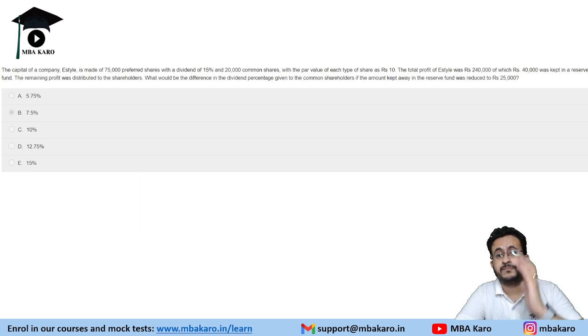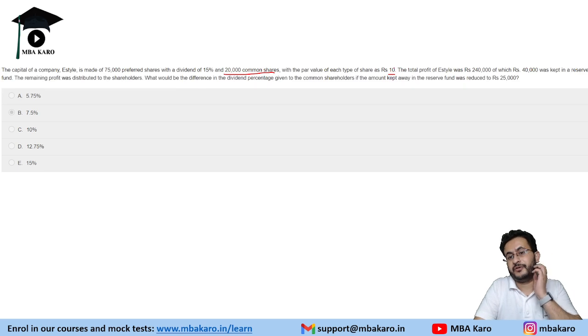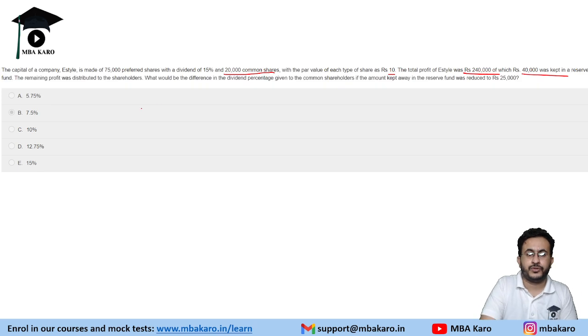Okay. Now we have 20,000 common shares and par value of share is rupees 10. So the profit was 2,40,000, of which 40,000 was kept in the reserve fund. So out of this 2,40,000, reserve was 40,000.